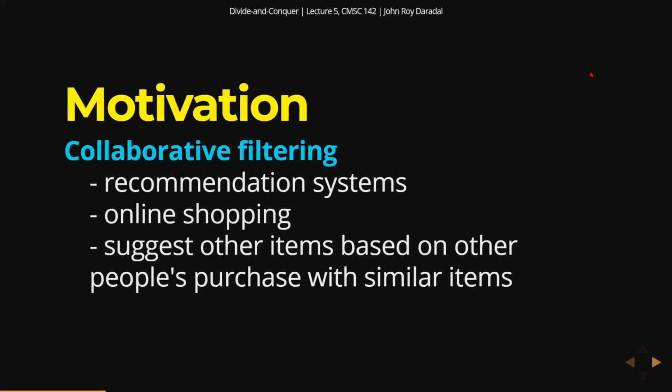That's more or less using some type of collaborative filtering, wherein you're trying to figure out what this person is going to like based on how similar your video or item choices are. So that would be the motivation or the application for counting inversions.